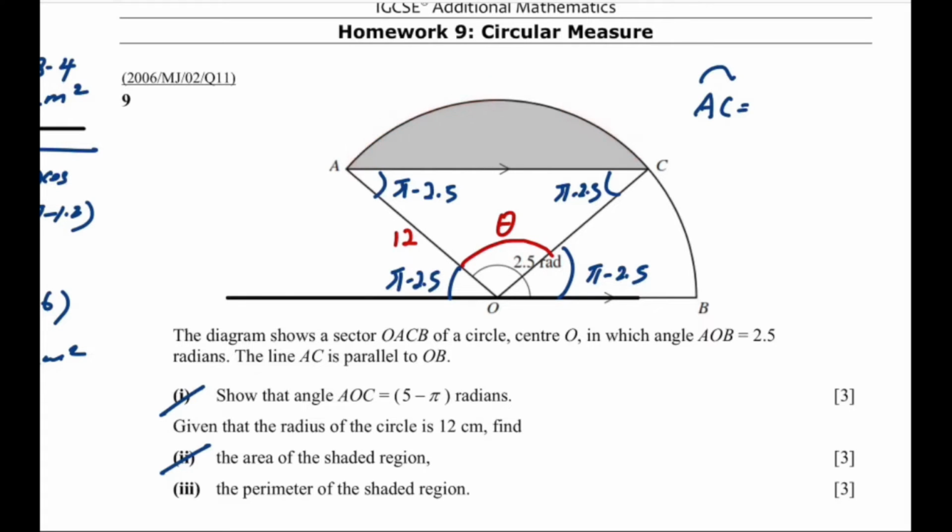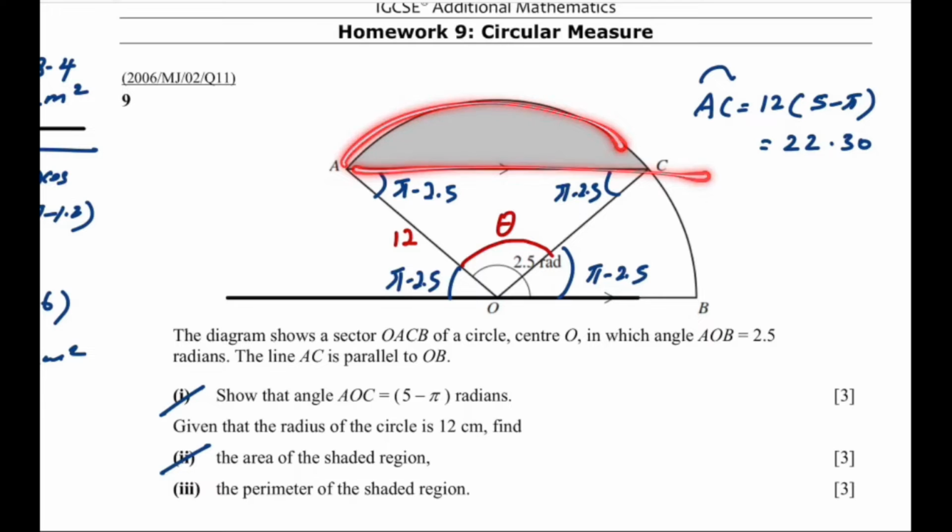Arc AC, you refer to r theta. R is 12, theta is 5 minus pi. So I have 12 times 5 minus pi. That is the arc AC, 22.30.